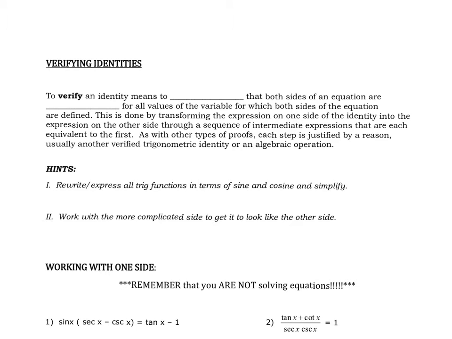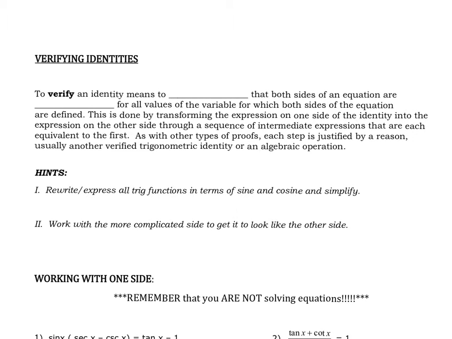But in the process, you are going to be proving or showing that both sides of an equation are equal, or that they're the same for all values of the variable for both sides of the equation.